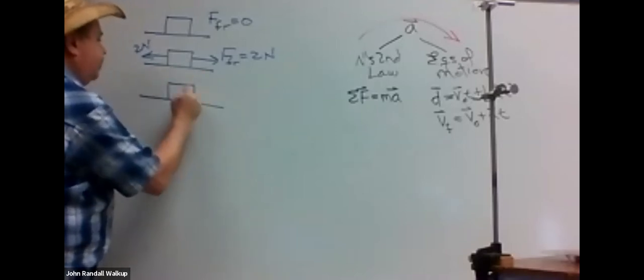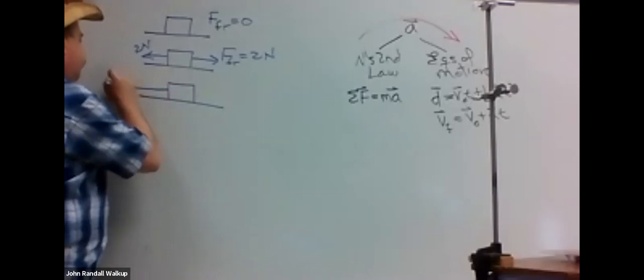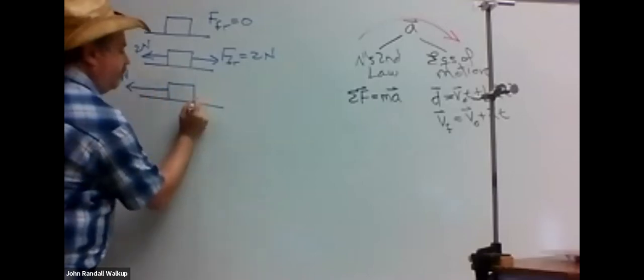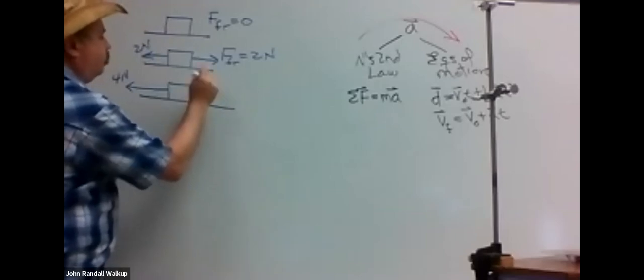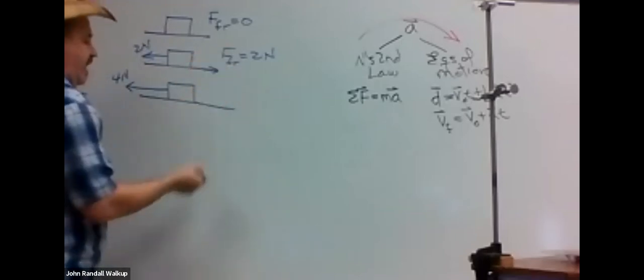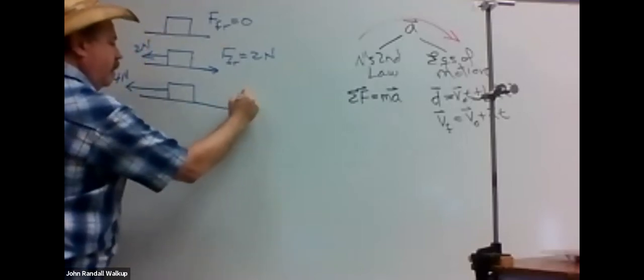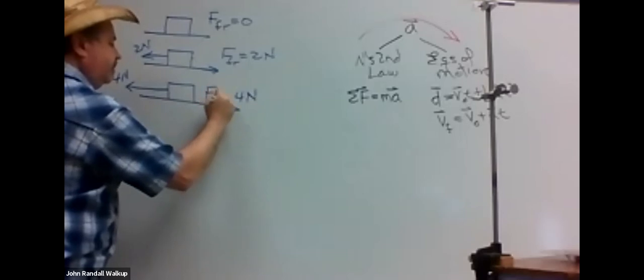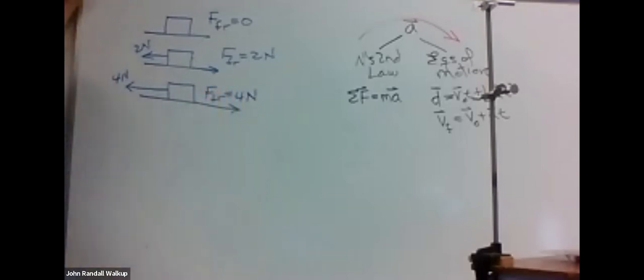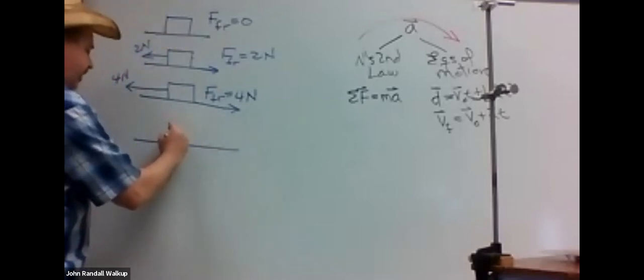Then I applied 4 newtons, and the force of friction, and by the way, I'm going to draw these forces of friction at the surface because the surface is providing it. So the surface is providing 4 newtons of friction. Then I get to 6 newtons.